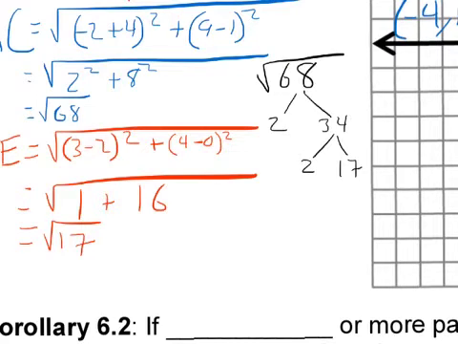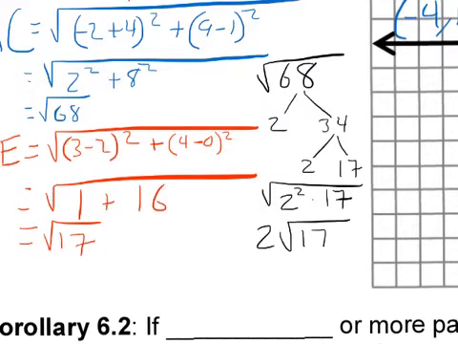So I could say that rad 68 equals 2 squared times 17. Since this 2 is being squared and it's underneath the radical, I can just bring it outside the radical and put 2 rad 17. And look, sure enough, rad 68 is actually twice rad 17.